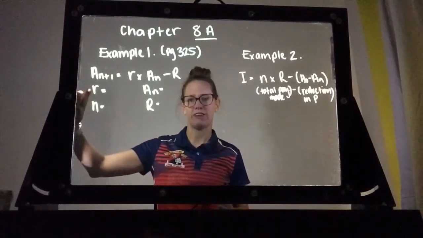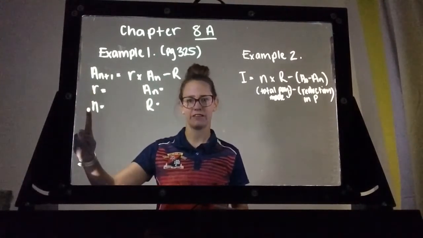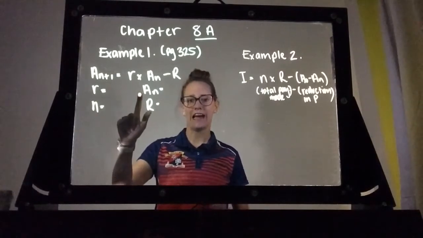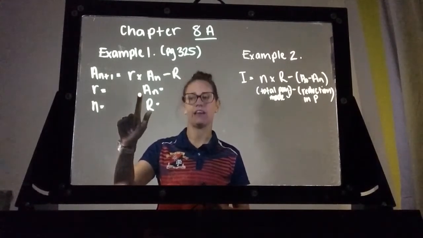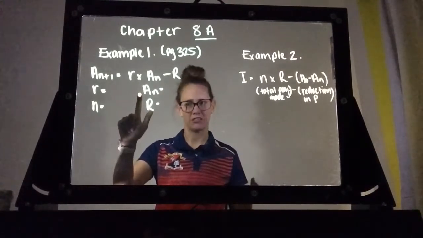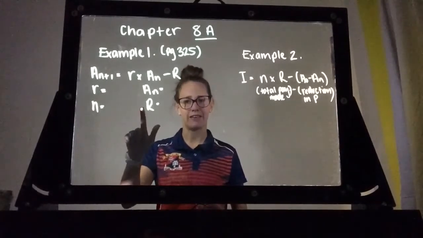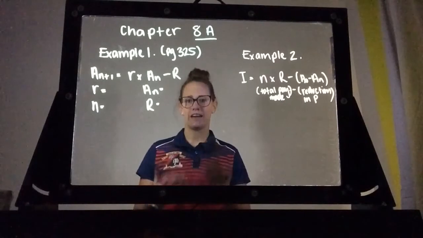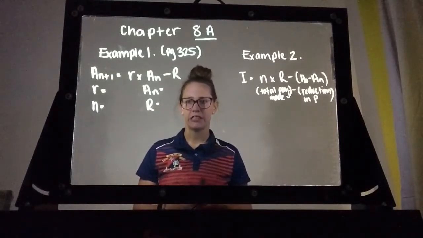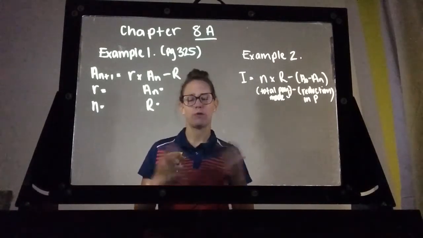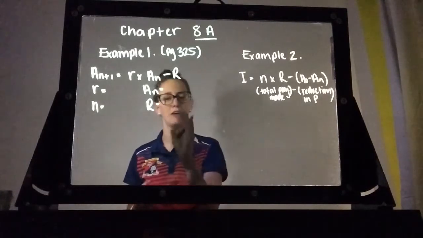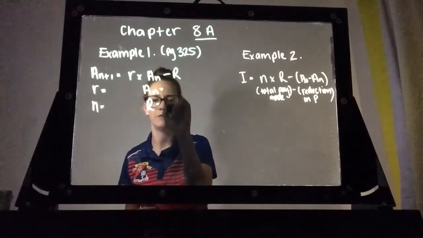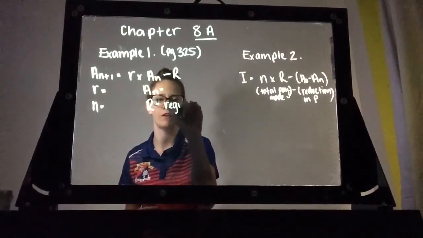R is still our rate, N is still our number of compounds, A to the subscript N is still our payment or how much is owing, whereas capital R, this is something new to us, that is the regular repayment. The regular repayment will always be given to you in a question. Keep in mind, we will always tell you that as well. Because we've never used this one before, I'm just going to put regular repayment.